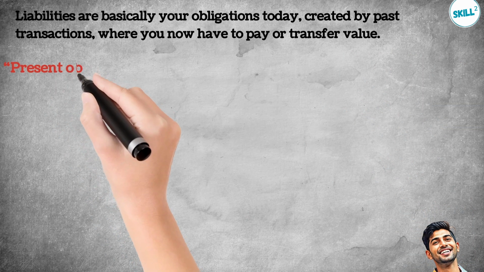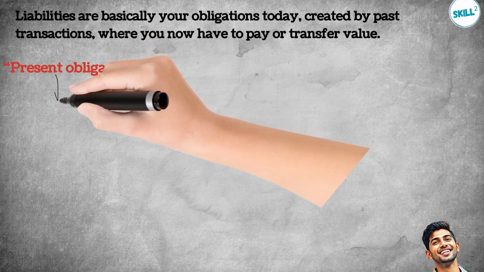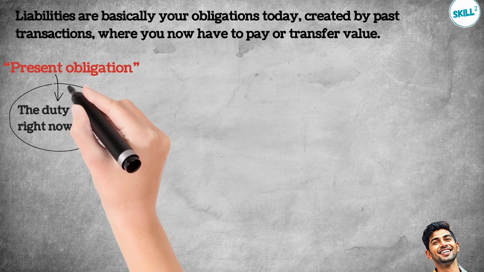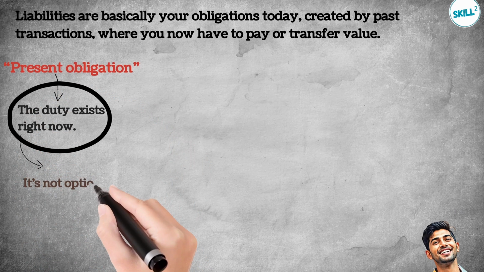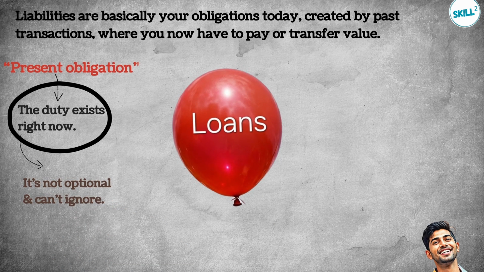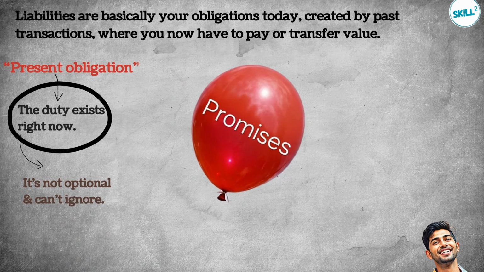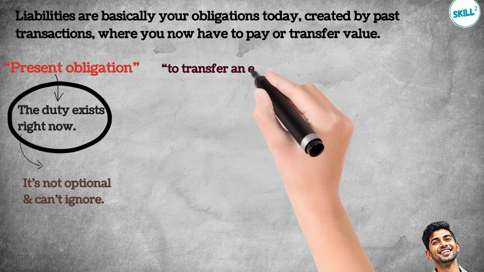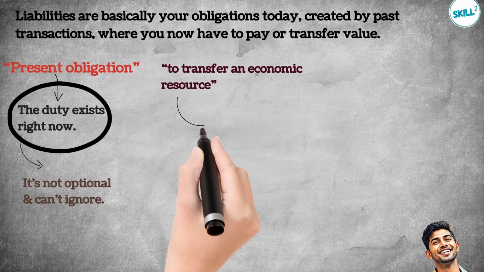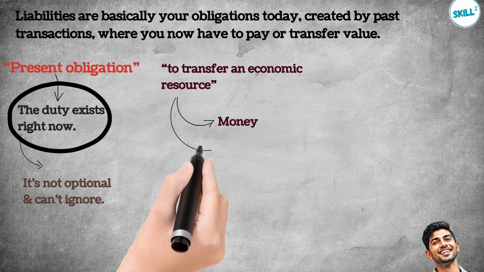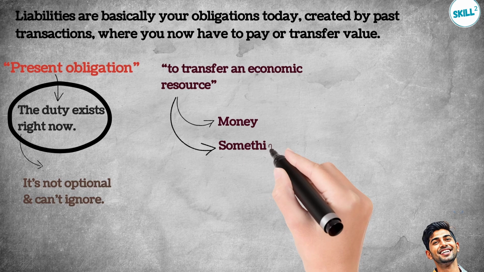Let's break it down. Present obligation. This means the duty exists right now. It's not optional. You can't ignore it. It could be legal, like a loan, or even based on a promise, like a payment you have committed to. Now, to transfer economic resources, here's the thing, you will have to give something valuable, usually money, but it could be other resources too.